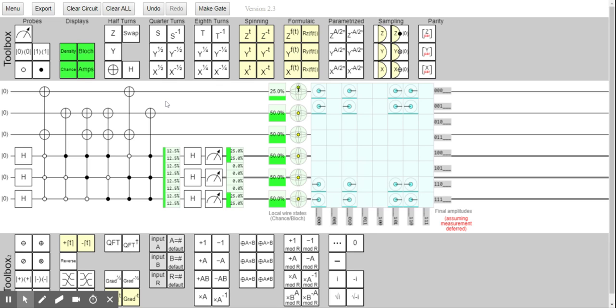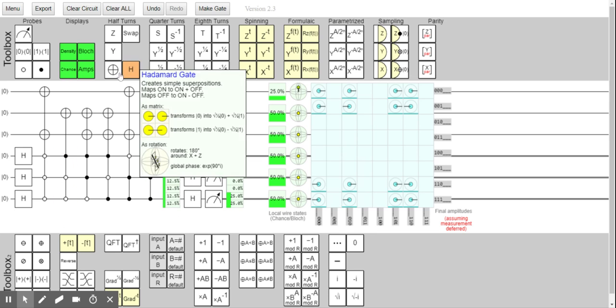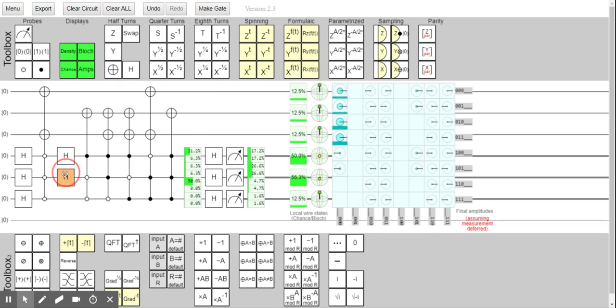It's not the measurement, it's the fact that now you've created entanglement. I mean, you've done some entanglement in here. See, if I were to add a Hadamard in here, you'd have the same issue, right?